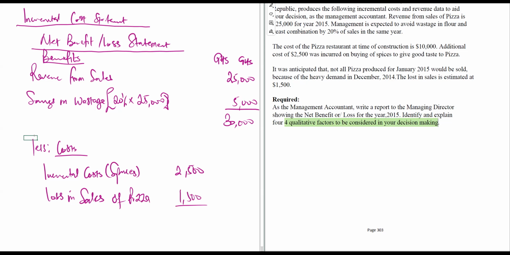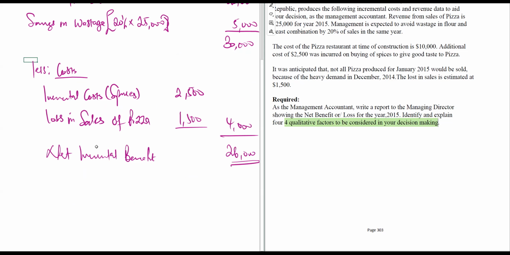Meaning that if we put this together, we have about 4,000 worth of cost and 30,000 worth of benefit. So this results in a net incremental benefit of 26,000. So is it good if we continue to sell the pizza, or we should close down the pizza business?